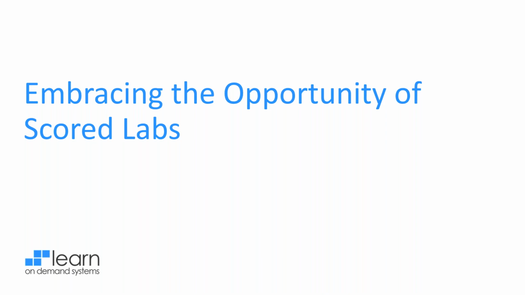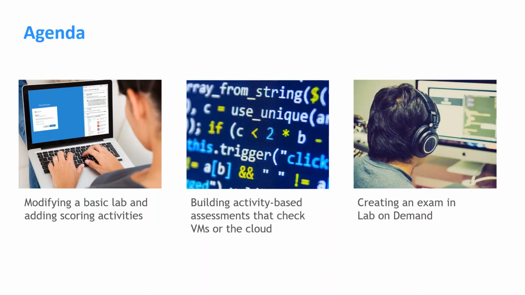So with that being said, let's dive right into our subject of scored labs. We are going to be covering the basics through to the advanced. We're going to talk about taking a basic lab as we have in our system and adding scoring activities to it. We're going to start with the basics, which means your typical multiple choice or fill in the blank.